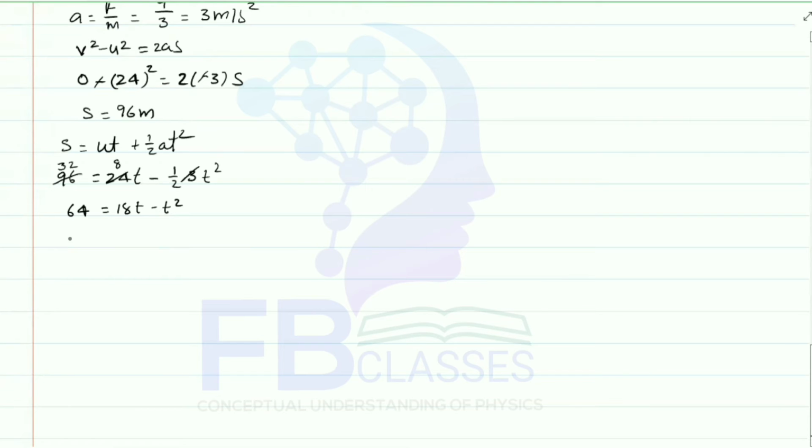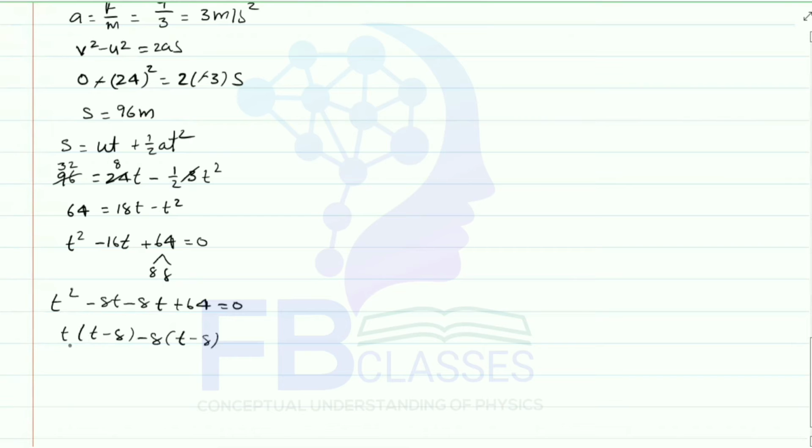Yes or no? So we can write this equation as t square minus 16t plus 64 is equal to 0. Now we have to find the roots for t. So 8 eights are 64, so we write it as t square minus 8t minus 8t plus 64 is equal to 0. Now if you take t common, it will come as t minus 8, minus 8. If you take it common again, it will come as t minus 8.